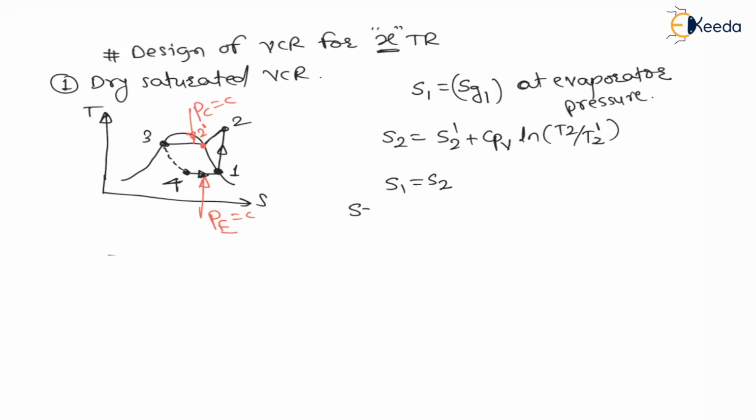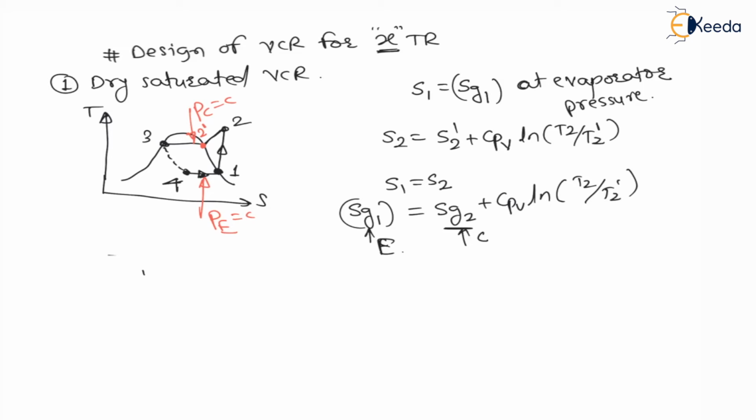Therefore, Sg1 at evaporator pressure is equal to S2, which is S2 dash, which is nothing but Sg2 at condenser pressure plus Cp of vapor ln of T2 divided by T2 dash. Sg2 is at condenser pressure and Sg1 is at evaporator pressure, right? Now, from this equation, whatever may be the unknown, you have to find.